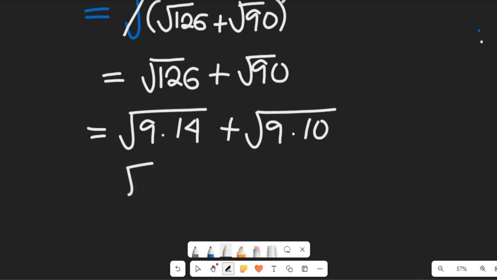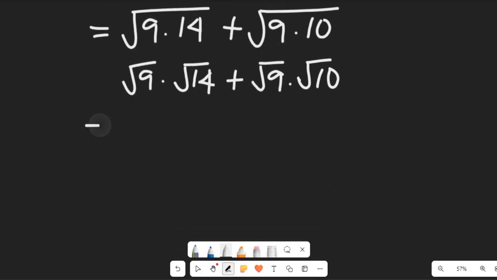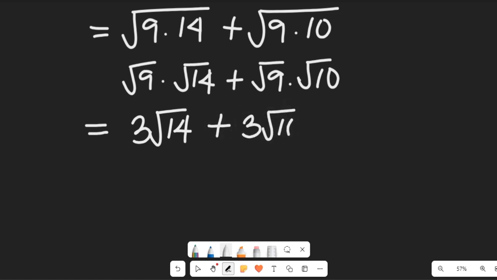So this is going to give me the square root of 9 multiplying the square root of 14 plus the square root of 9 multiplying the square root of 10. Square root of 9 is absolutely 3, so this will be equal to 3 multiplying the square root of 14 plus 3 multiplying the square root of 10.